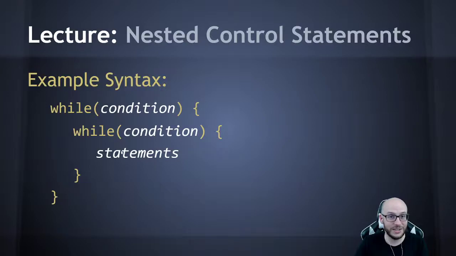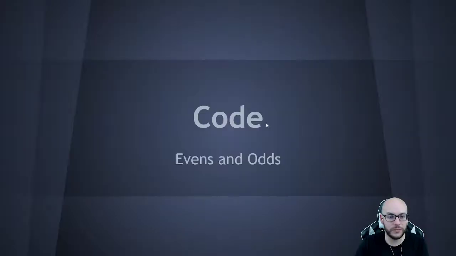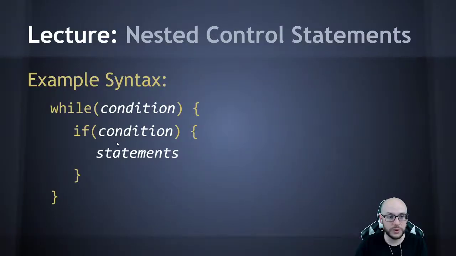As you can imagine, this could go indefinitely. You can put loops inside of loops inside of loops, but nesting two loops is extremely common. It's one of the things we need to traverse a table, like a grid, some type of 2D array. But with that in mind, the idea that we can nest control statements, we're going to revisit this one.